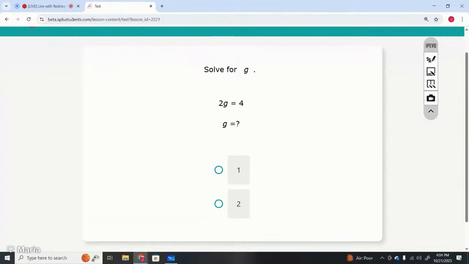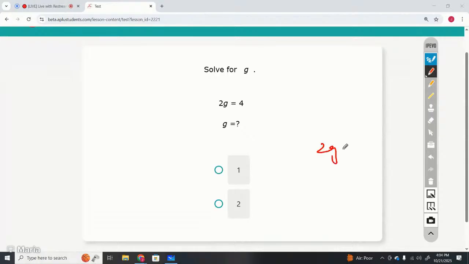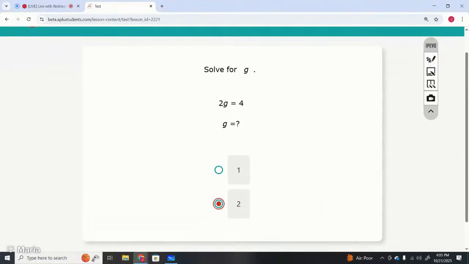So divide both sides by 2. Opposite to multiplication is division. So g equals 2. Option number 2 is the correct option.